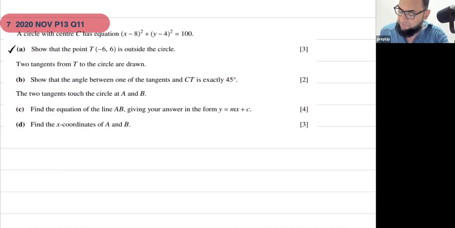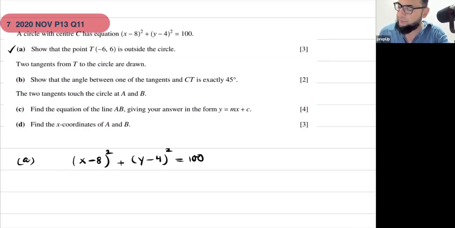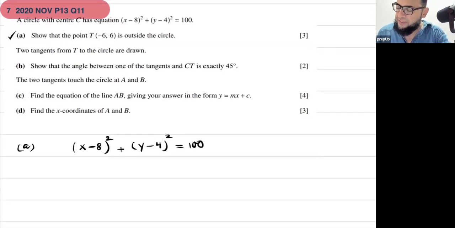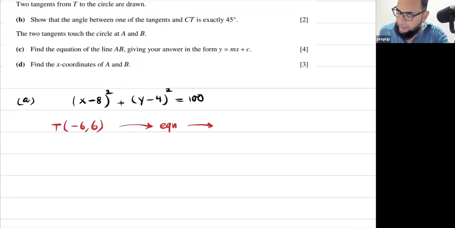So we have this equation, (x minus 8) whole square plus (y minus 4) whole square is equal to 100. Now if I take this point T, which is negative 6 comma 6, and plug it into this equation, what happens? Negative 6 minus 8 is negative 14, whole square is 196.